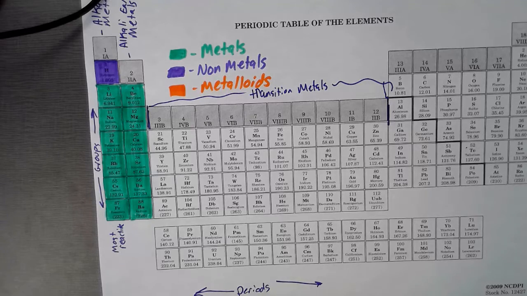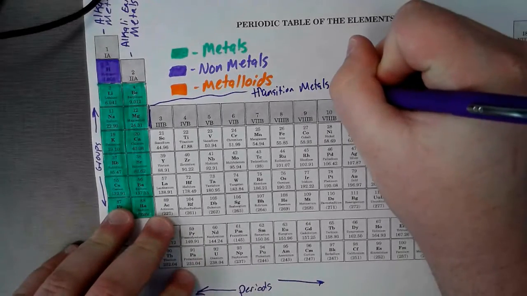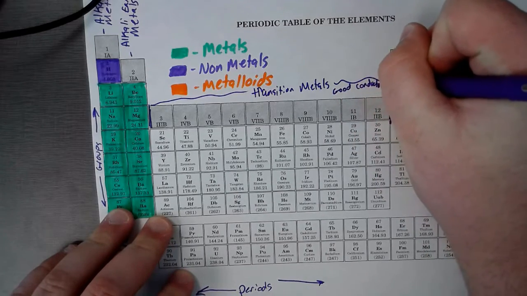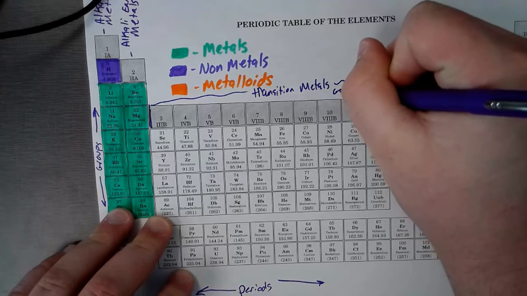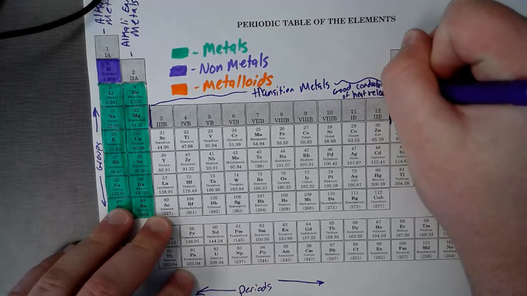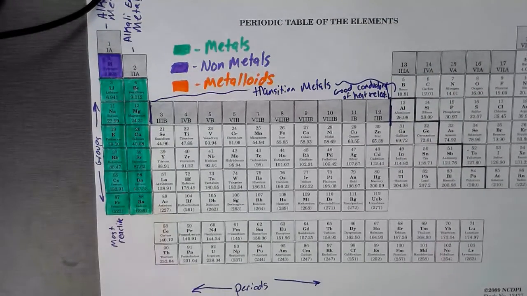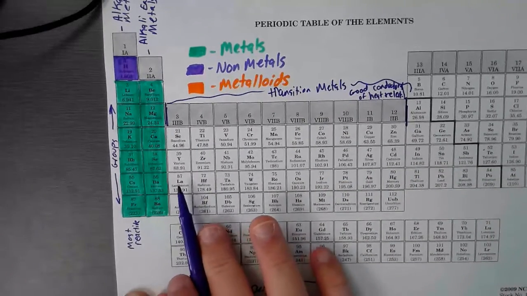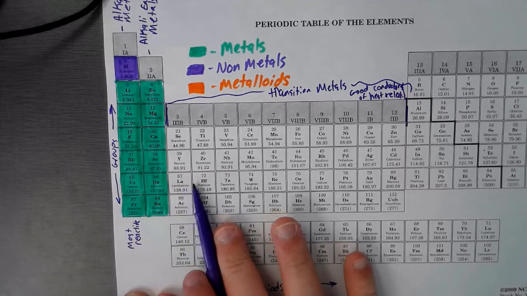They're generally shiny, and they are good conductors of heat and electricity. So your transition metals are very good to conduct heat and electricity.